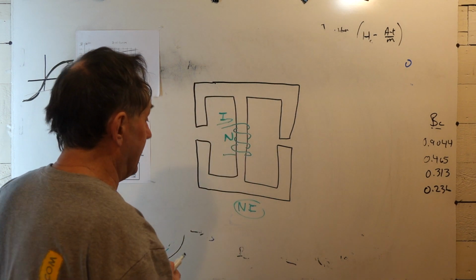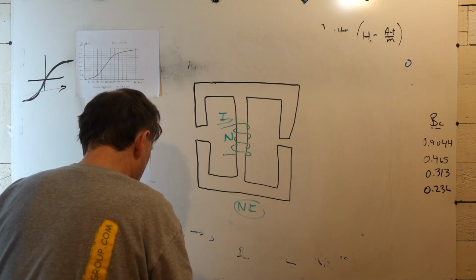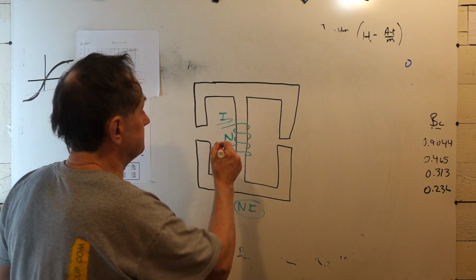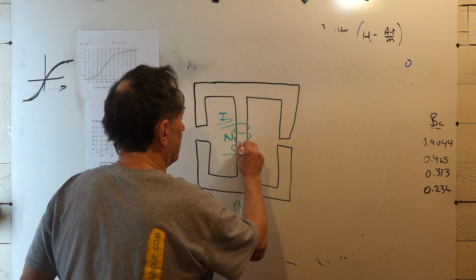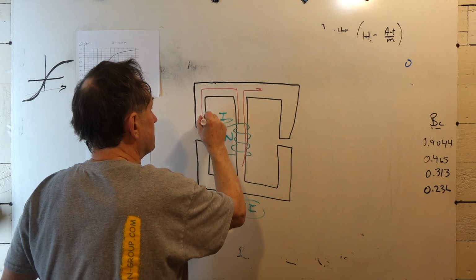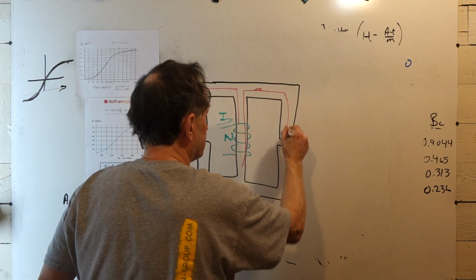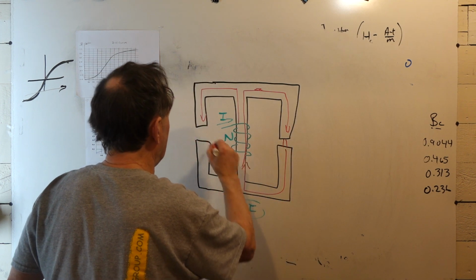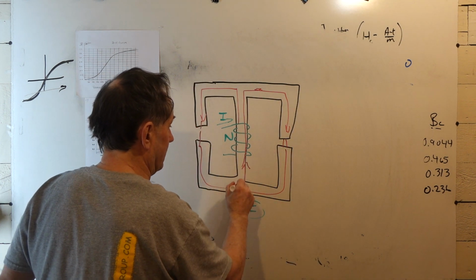Multiply N times I. Now, what you have to do in using an iterative scheme is you have a flux that comes up and divides. Some of the flux goes this way, some of the flux goes this way, jumps the gap, comes back, jumps the gap, and comes back.